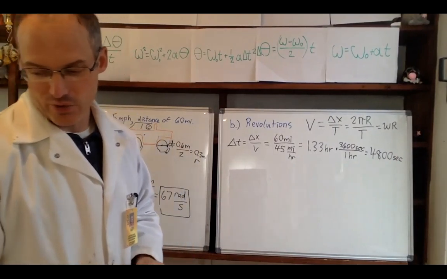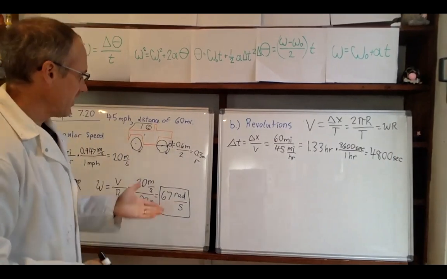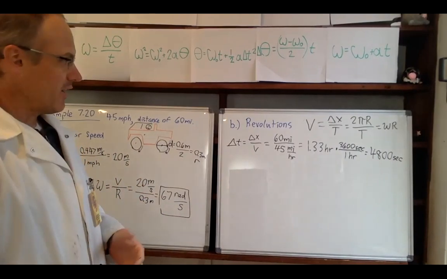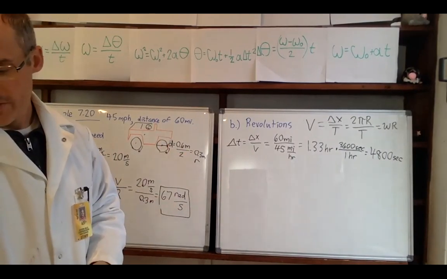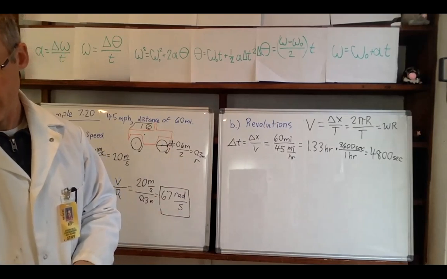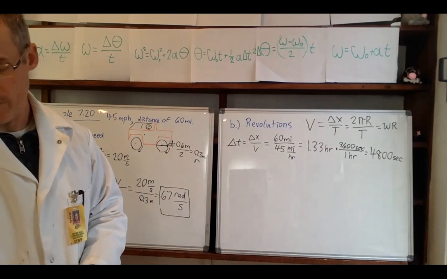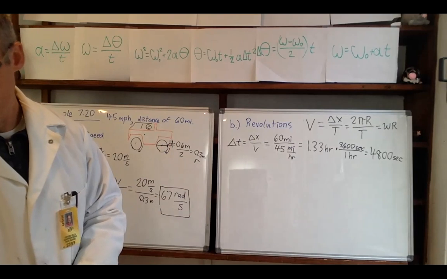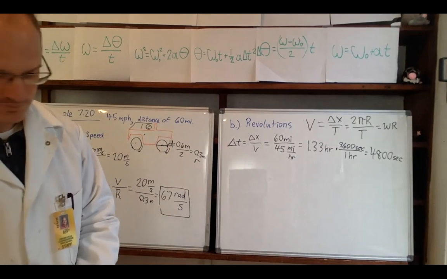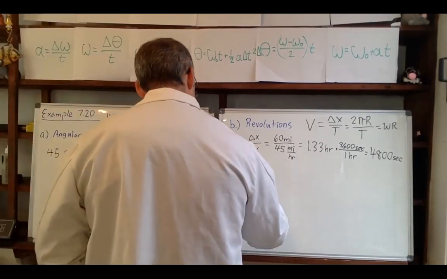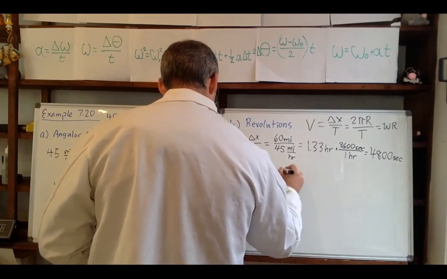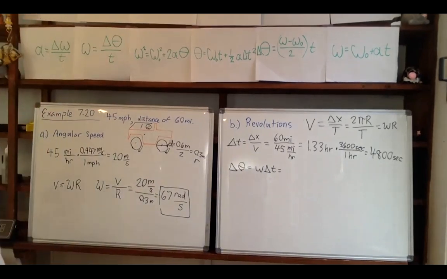All right, so how many turns is that? So we know that you have 67 radians per second, and now we know how long the duration is, so we can figure out for each turn of the wheel how many radians we're traveling. So one of the things we have to figure out first is our total angle, right?